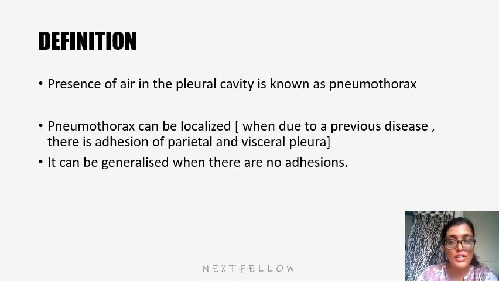Saturation is 50-60 and it is not improving with oxygen. Even if you're giving oxygen, the saturation improves to 85-90, but the patient is still breathless, and you can see all the accessory muscles of respiration working. So this is the clinical scenario, and I'll be explaining the further points based on it.